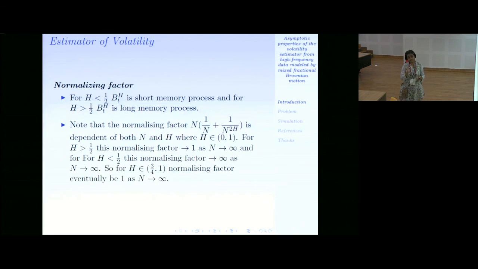Now having said this, though people have used the model for this regime, in our case we can provide the asymptotic normality result for the whole range of H, from 0 to 1. We can do the analysis for the whole range of H, and that includes 3/4 to 1.